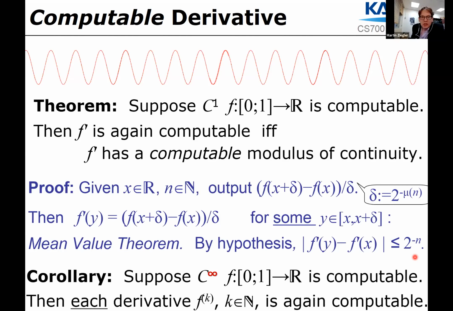As a consequence, every infinitely often continuously differentiable function which is computable has every single derivative computable, but not necessarily all of them by one joint algorithm, because every algorithm that computes a derivative has hard-coded some bound on the next higher derivative's value.